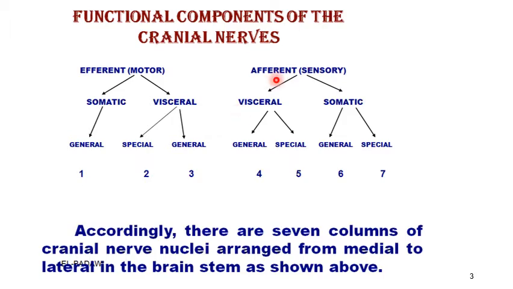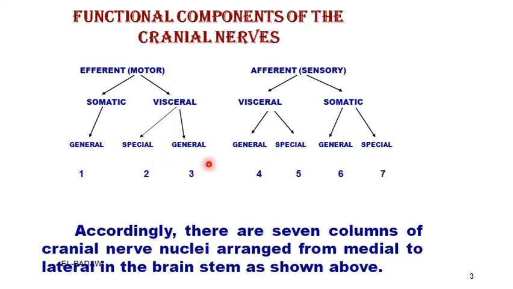When it comes to the afferent or sensory, the two groups, visceral and somatic, will each be divided into general and special types. So it ends up with four groups of sensory: general visceral afferent, special visceral afferent, general somatic afferent, and special somatic afferent.